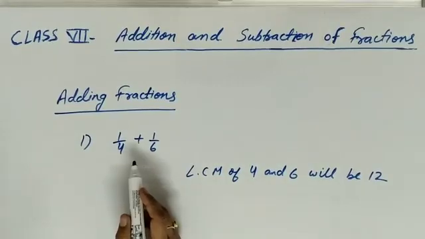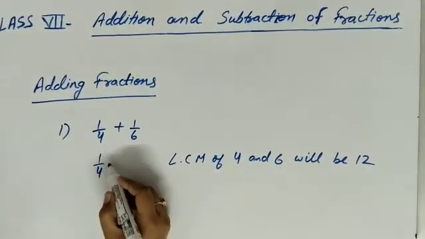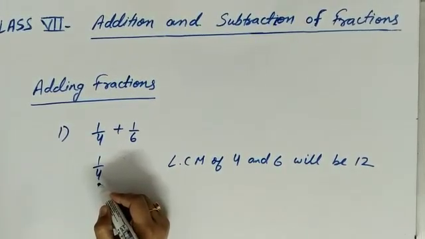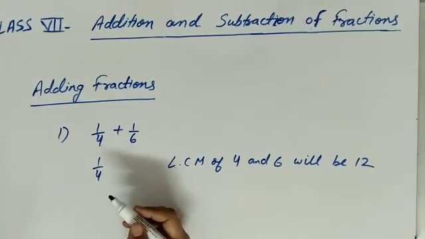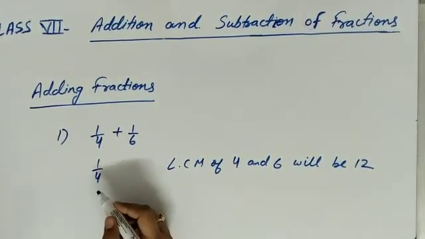We have to make the denominator the same as the LCM by multiplying with the same number. Our first fraction is 1 out of 4. If we have to make 4 as 12, what will we do? Simple, we multiply the denominator with a number.